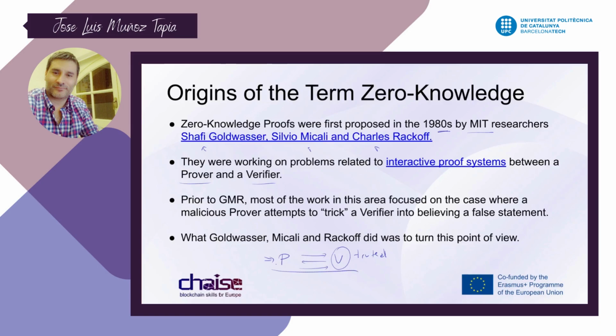Okay, so in general, verifiers were trusted parties, while provers need to provide proofs to verifiers. But Goldwasser, Micali, and Rackoff started to think, okay, and what if we consider that the verifier is not so trusted?